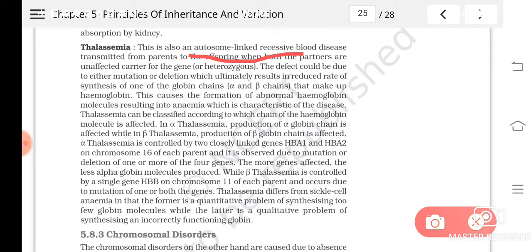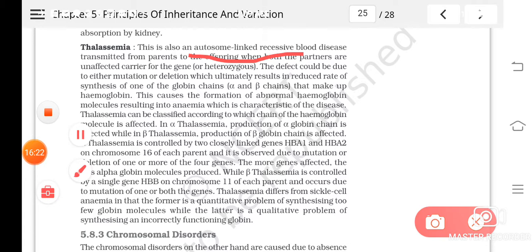I have already told you there are two globin chains, alpha and beta chains. In this, one particular globin chain, either alpha or beta, won't be produced normally, meaning the production will be less.